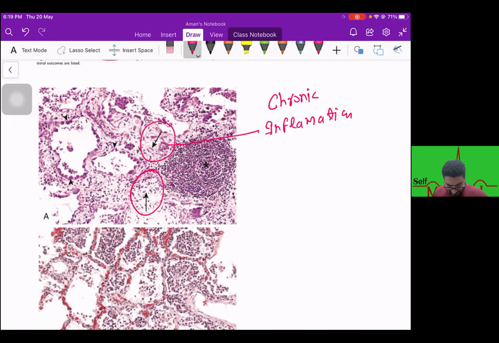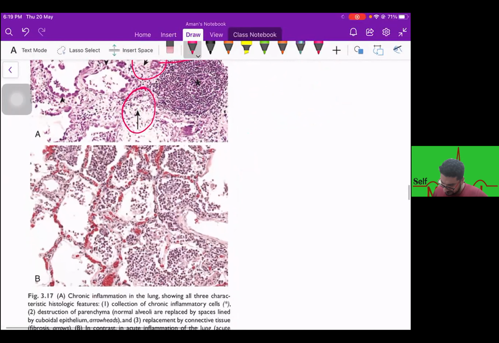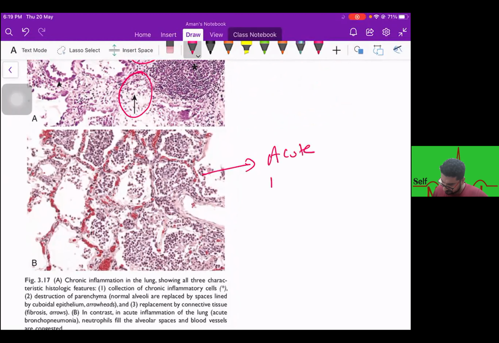If I compare this, you will see the changes in acute inflammation. Here this will be your acute inflammation. The point is how well you can differentiate acute from chronic.